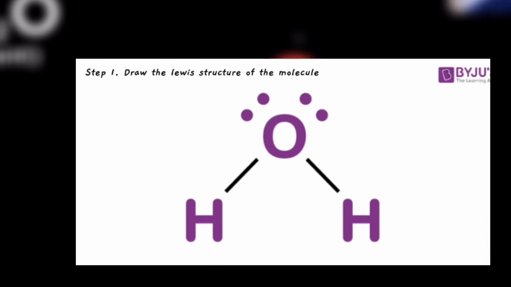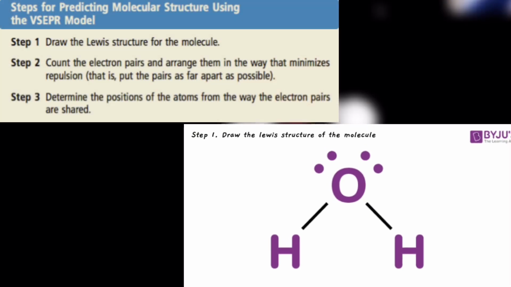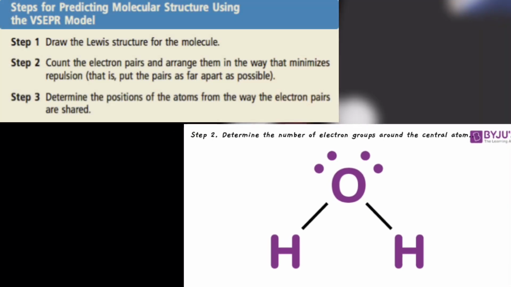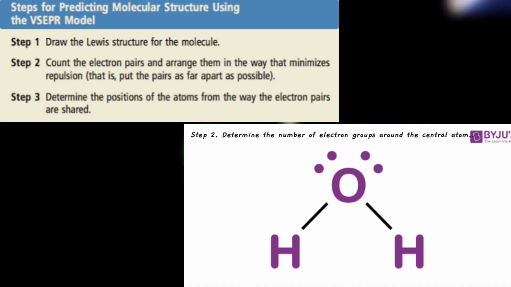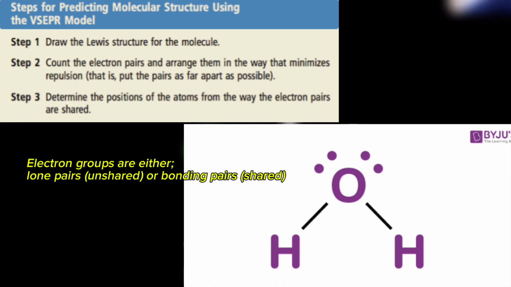Continuing, the first step as shown is to draw the Lewis structure of the molecule. Once we have the Lewis structure, step 2 is to determine the number of electron groups around the central atom. Electron groups are either bonding pairs, which are the electrons in the bonds, or lone pairs, which are unshared electrons.